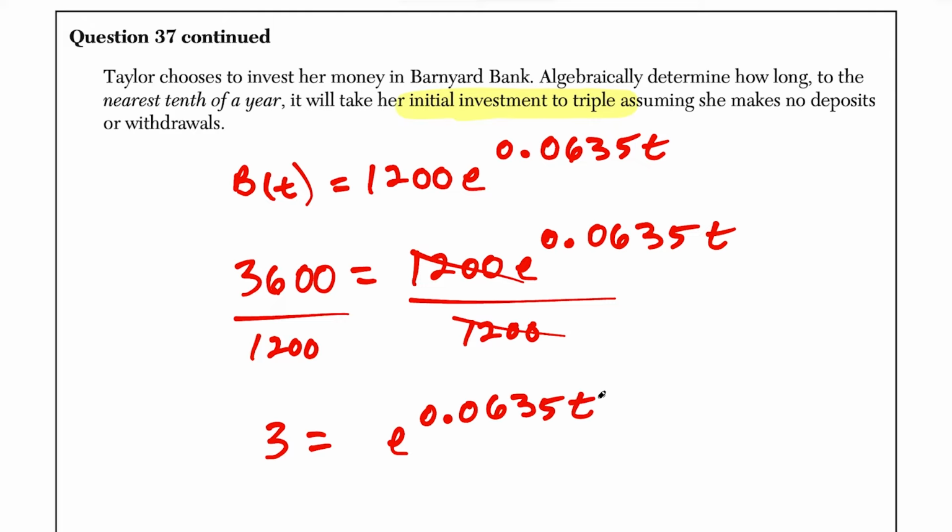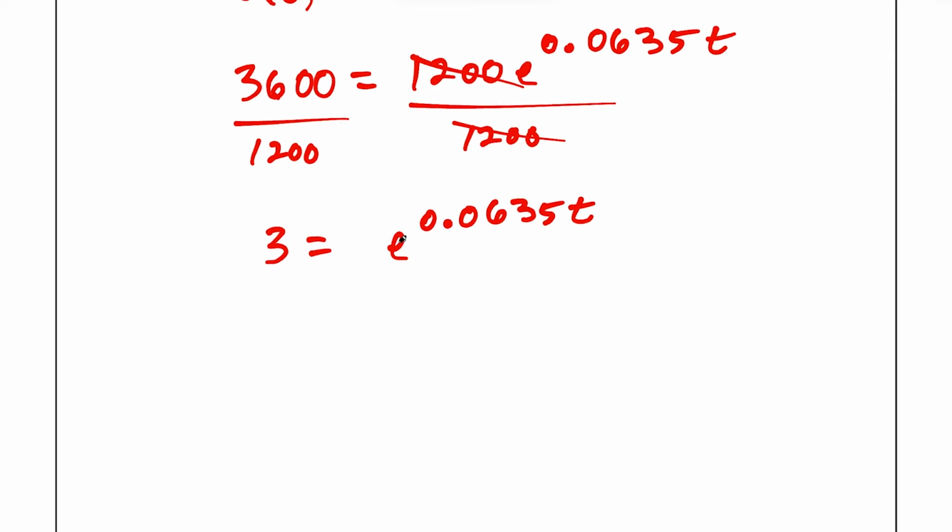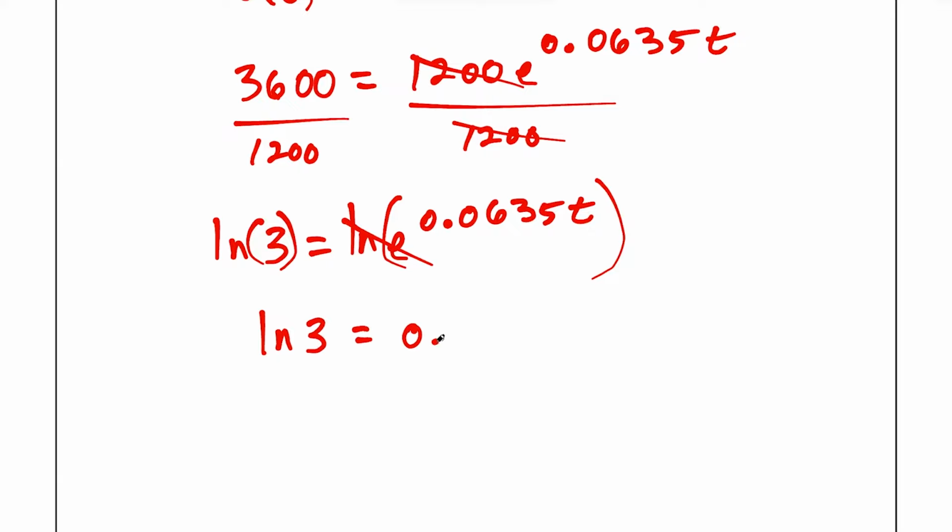Now from here, we have to get t by itself, so we do the opposite of e, which is natural log. So we take the natural log of the left side, and we take the natural log of the right side. Natural log and e are opposites, so they just cancel out. And we have natural log of 3 is equal to 0.0635t. Okay, so that's what we're left with here.